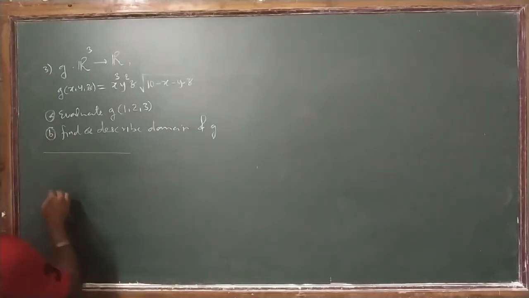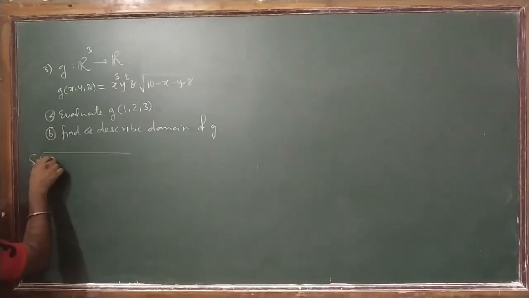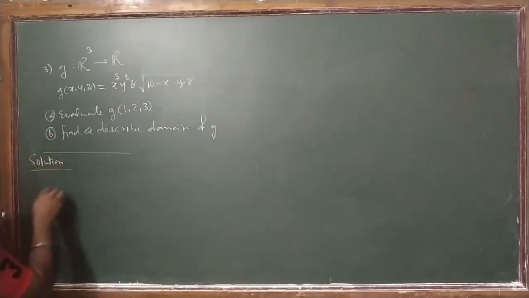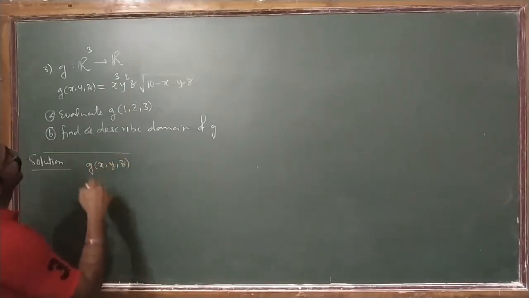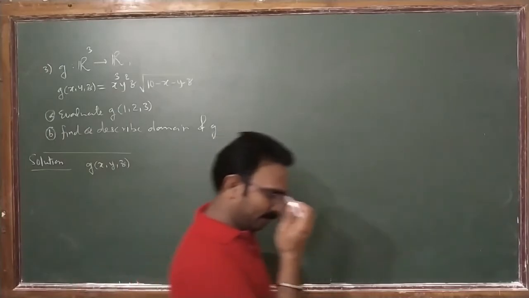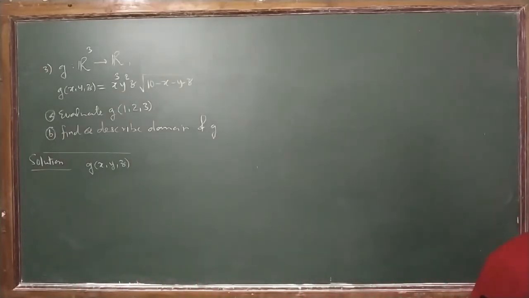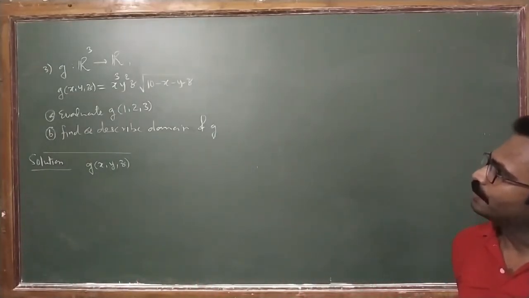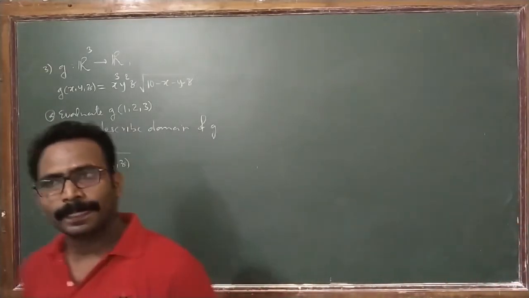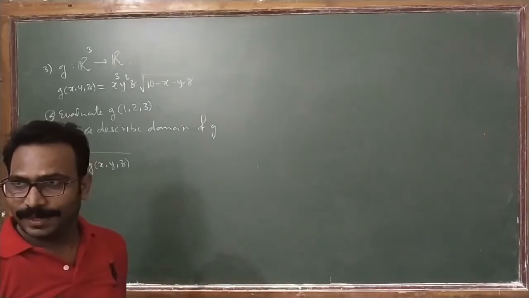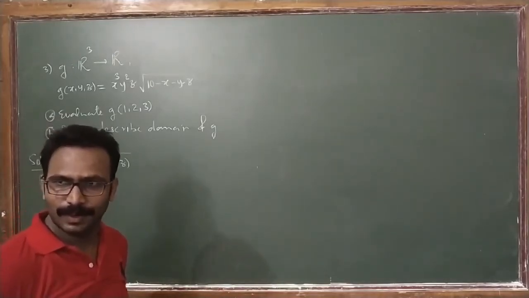Okay, solution. So g of x, y, z, is it a function defined everywhere on R3? No. X cube y square z is an algebraic function, so no problem with them. But the square root is there, so we have a problem with that.